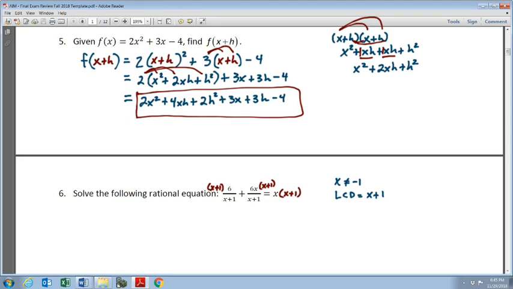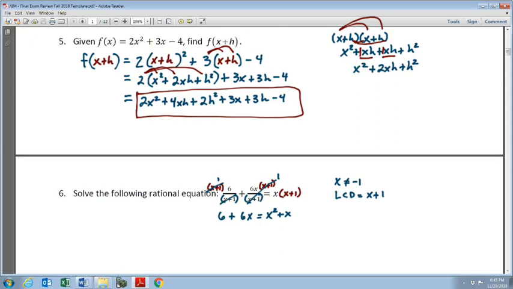So notice with the first fraction here, we can cancel the x plus 1's, and we get 1 times 6, or just 6. On the next fraction there, we can cancel the x plus 1's, and notice we're left with 1 times 6x, and that's 6x. On the other side, we're going to distribute the x. x times x is x squared, and x times 1 is x.